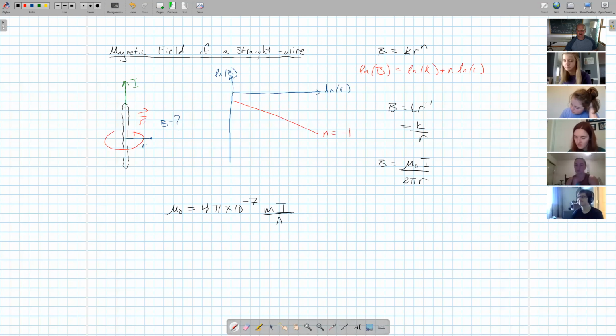This is mu, what's known as the permeability of free space.